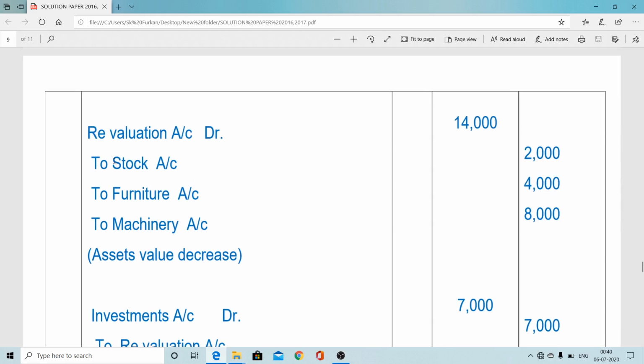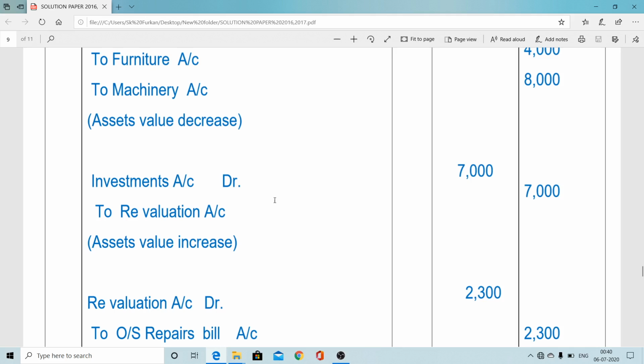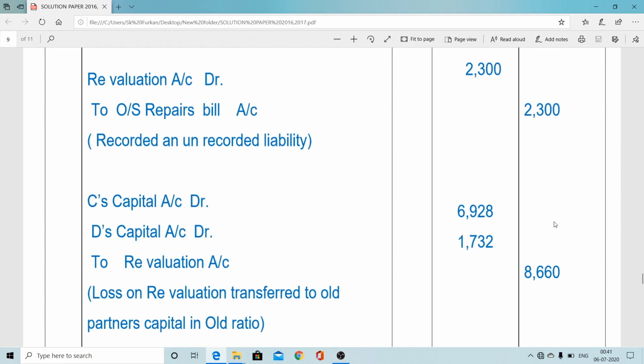Now, decrease of assets: revaluation account debit to stock, furniture, machine, as the respective asset values decrease, and we can pass a compound entry. Investment value increases, therefore investment account debit to revaluation 7,000. There is one unrecorded liability, so the liability increases: revaluation account debit to outstanding repair bill account 2,300. After that, we compare credit and debit.